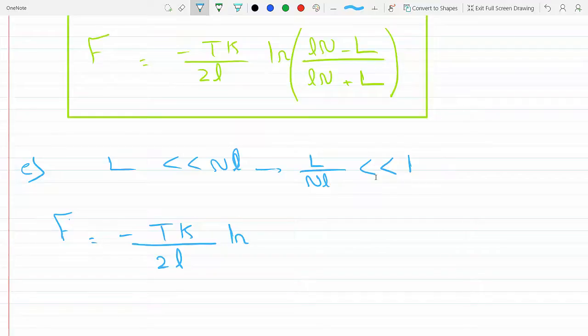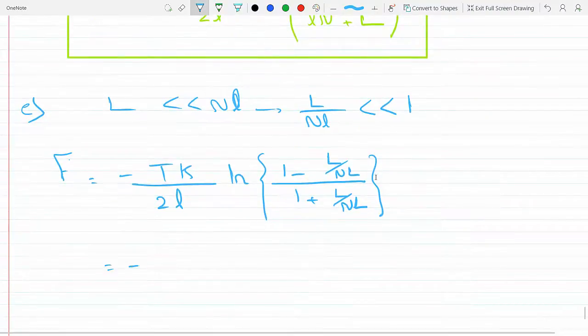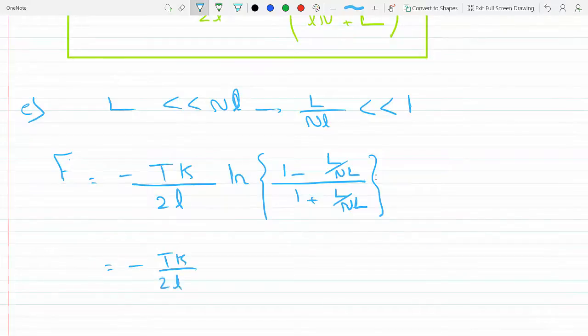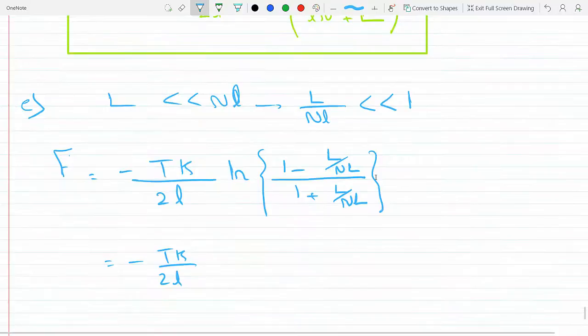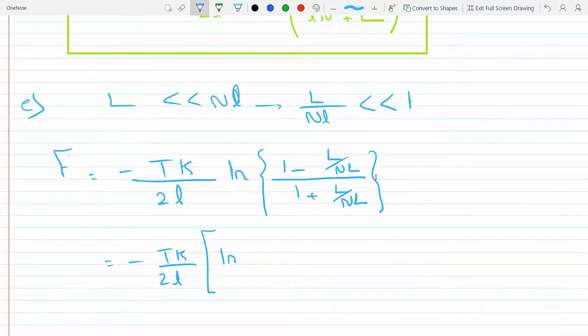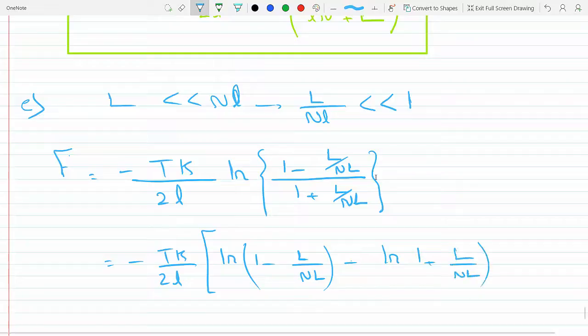If I divide by nl throughout, I would get L over nl divided by 1 plus L over nl, and this would be minus TK over 2l, ln of 1 minus L over nl, minus ln of 1 plus L over nl.